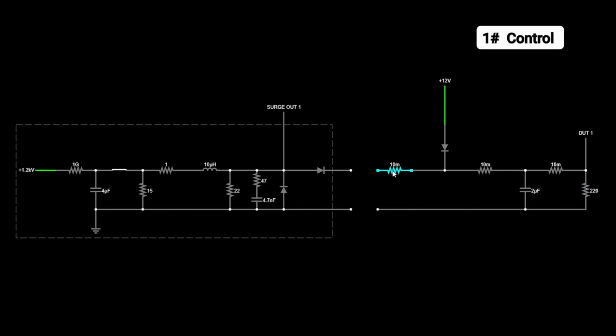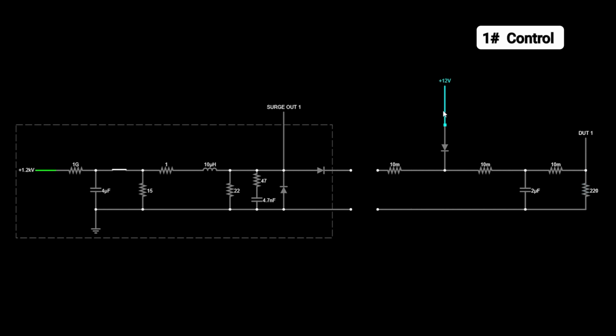So I have 10 milliohm resistors to help with showing parasitics. We have a 12 volt supply, so the surge generator will go into this main input. I have a 2 microfarad capacitor to show just general purpose decoupling and whatever capacitance is on the board. And then this goes into a 220 ohm resistor just to simulate a low current draw that is continuous on the board.